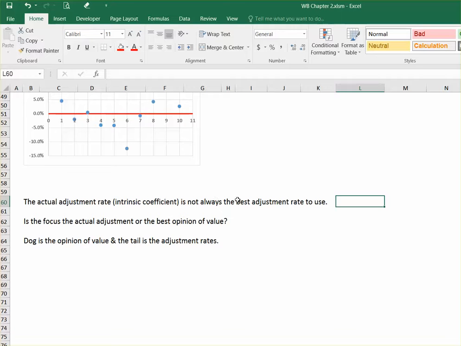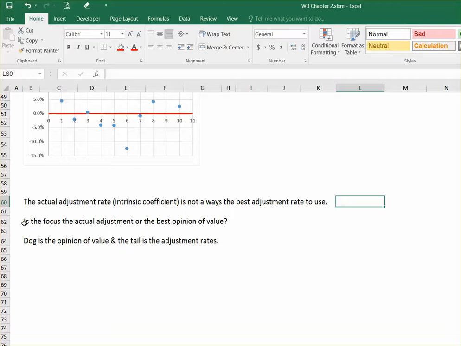It's best to use a different coefficient, because in this case it was because of the weakness in the model. Later on, we may see that when you're in a plus or minus 15% randomness in a market, maybe a rural market, it's going to be the same thing. It's going to require you not necessarily to use the actual coefficient. It might be best to apply a different one in order to get a better value for the subject property.